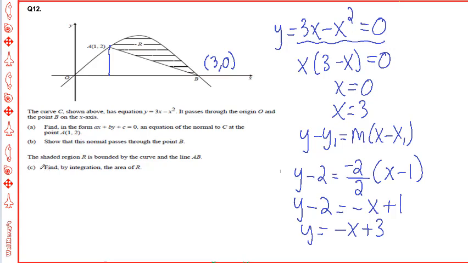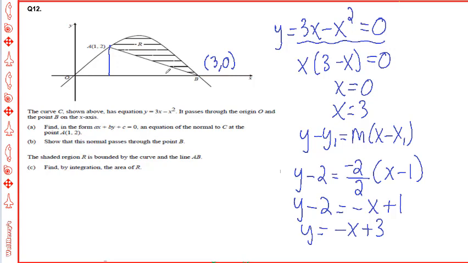But what we're more interested in now is finding this shaded region here. So the shaded region, like I said, is the whole area minus the triangle. To find the whole area, you have to integrate the curve between this point and this point, between 3 and 1. To find the area of the triangle, all we do is half base times height.